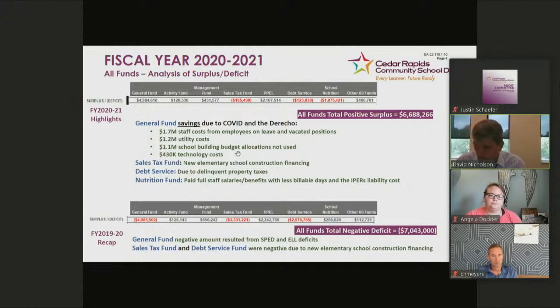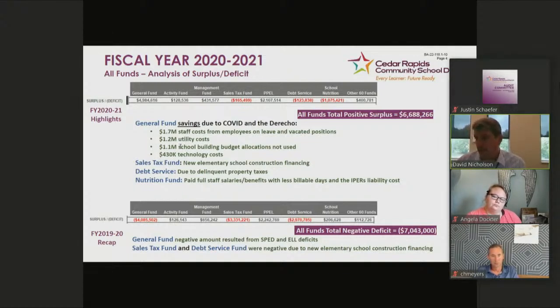One reason is that we had about $1.8 million from employees that were on leave or vacated positions during this COVID year. Because of the model in which we were instructing a lot of our kids remotely, we did not hire back some of those employees because of the situation we were in. We were okay with being able to manage at that time.